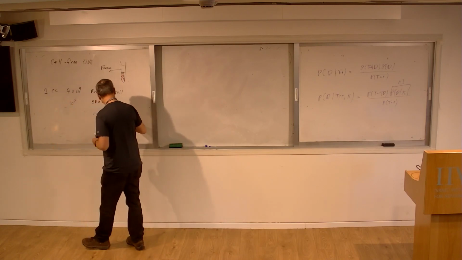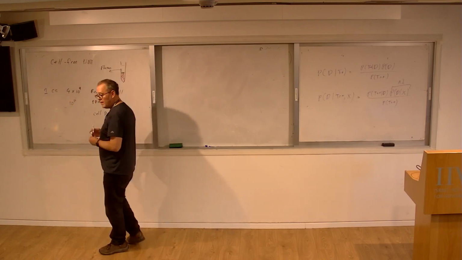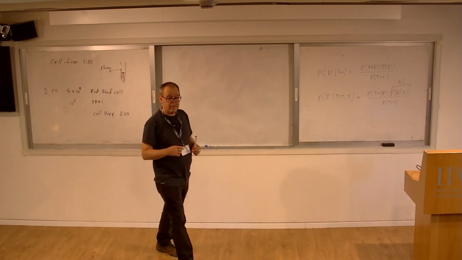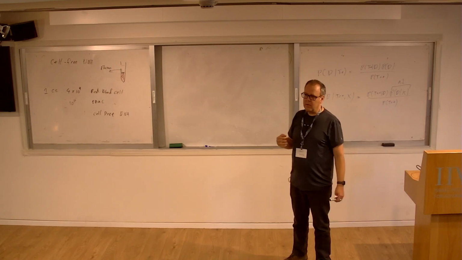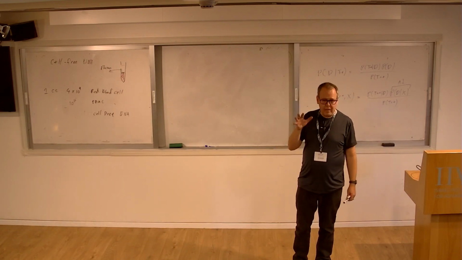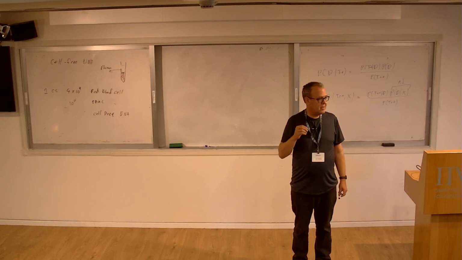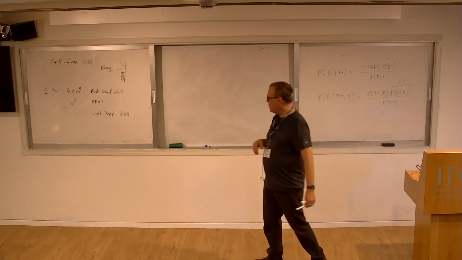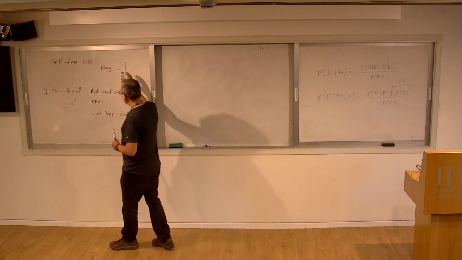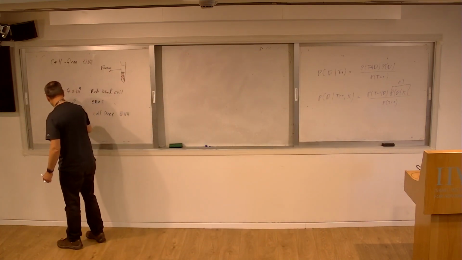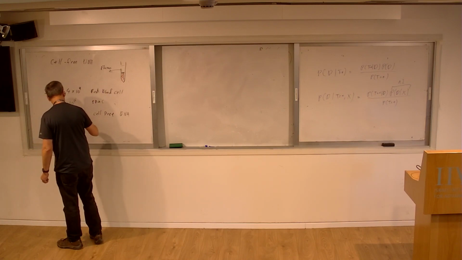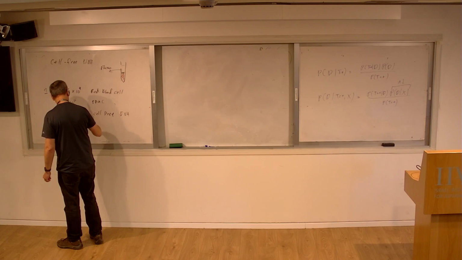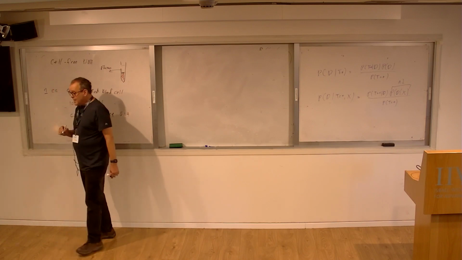When we talk about cell-free DNA, we cannot talk about cells, but we can talk about a cell-equivalent amount of DNA. So each cell has about 6 picograms of DNA, and a healthy person has somewhere between 5 to 10 nanograms of DNA per ml.